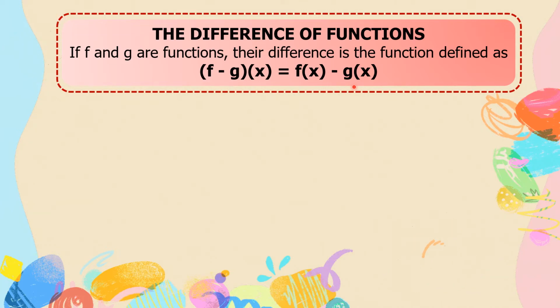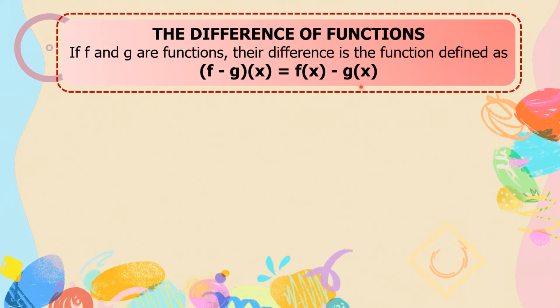So tulad kanina sa sum of functions, kapag ang f at g ay functions at kukunin natin ang kanilang difference, ay isubtract lang natin ang value ng f of x at g of x. Kaya siya f of x minus g of x.